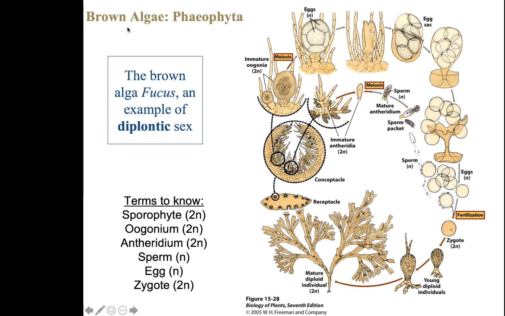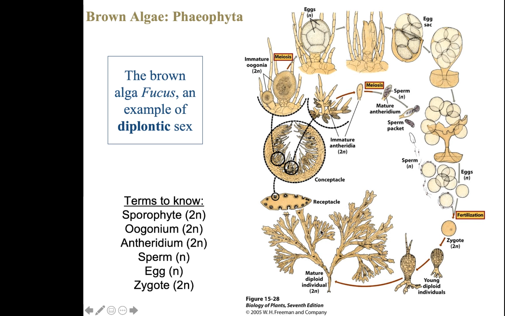And we've got a lot of the same terms. We don't have gametophyte, though, because since this is a diplontic life cycle, we don't have multicellular haploid stages here. So let's sort of start here with fertilization of a zygote. Since it's diplontic, we're going to have mitosis happening in the zygote, producing a mature sporophyte, who is diploid.